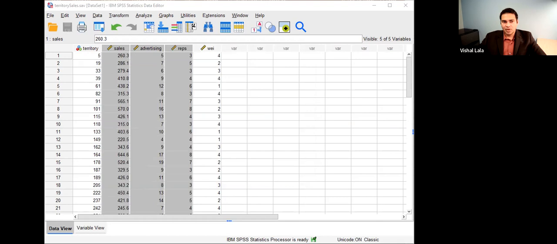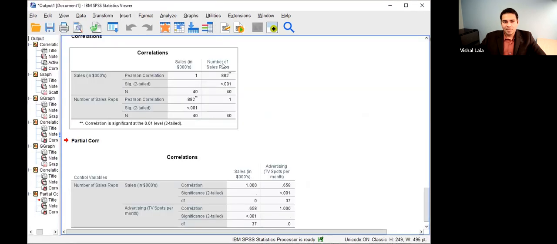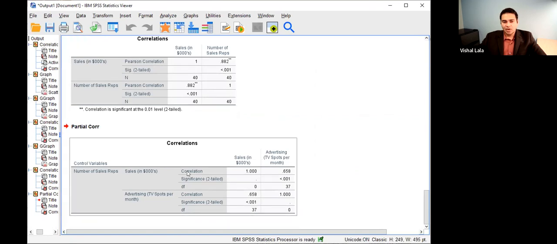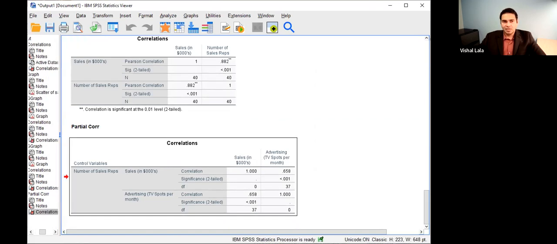You switch over to the output window now. Here you'll notice in the lower panel, we're going to focus on the bottom left-hand corner of this matrix. We pick one square to look at. That number is 0.658.